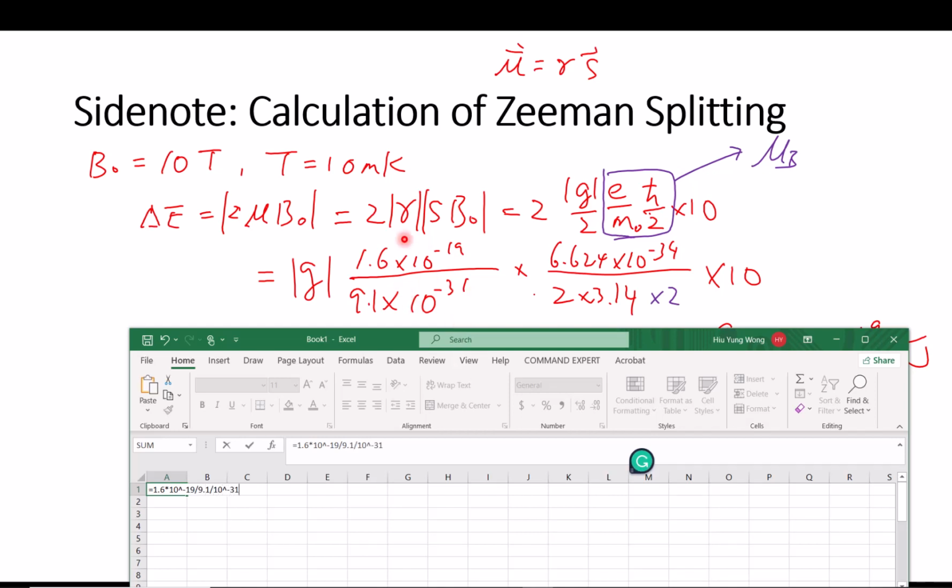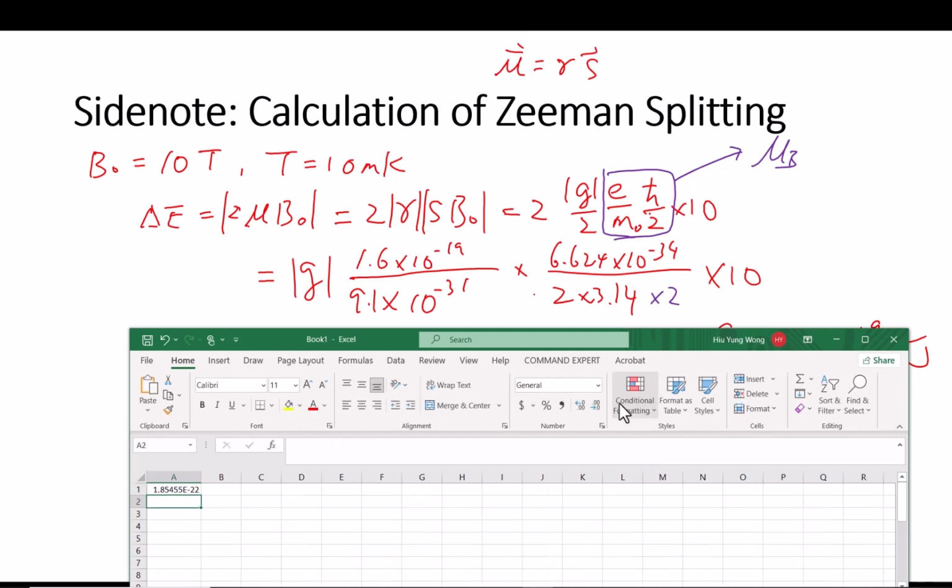Do you see what I'm doing here? I plug in this, multiply 6.624 times 10 to the power negative 34, divided by 2, divided by 3.14, divided by 2, and then times 10. Now, if my G is 2, I multiply the whole thing by 2, right? Then you will get this in joules.